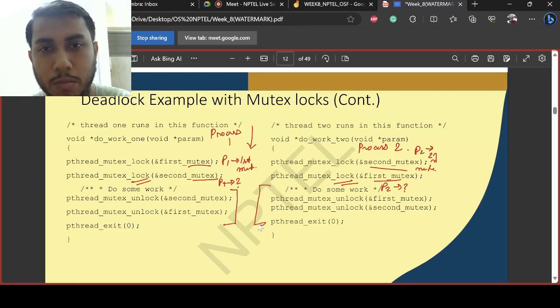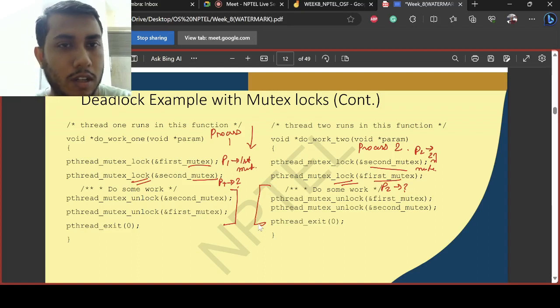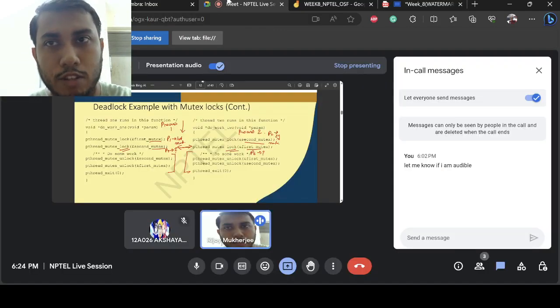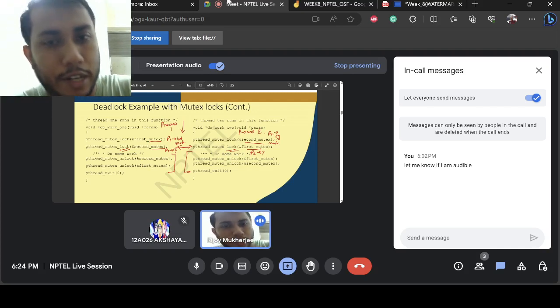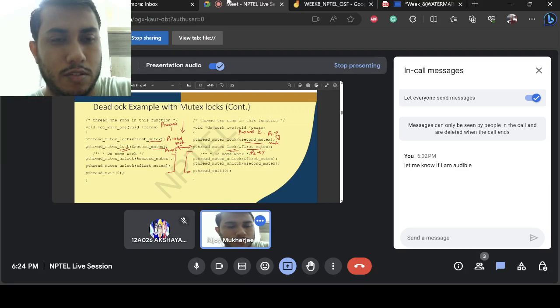Both programs get locked simultaneously and are not able to go beyond those locks. That's the issue of how deadlock occurs when you are using a mutex lock or monitor or those kinds of things.